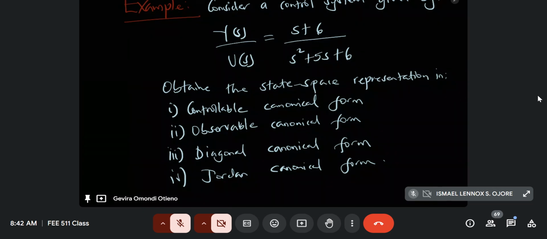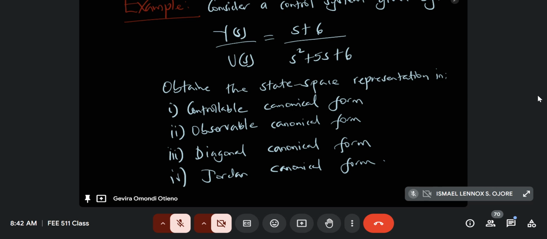You've been given a control system in transfer function format, but you've been asked to represent it in controllable canonical form, observable canonical form, diagonal canonical form, and Jordan canonical form. Remember, all these canonical forms are forms of state space representation. So if you read the question carefully, you will understand that we first must convert the transfer function into state space representation.